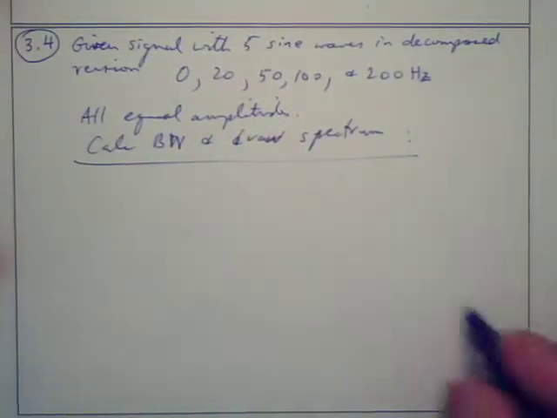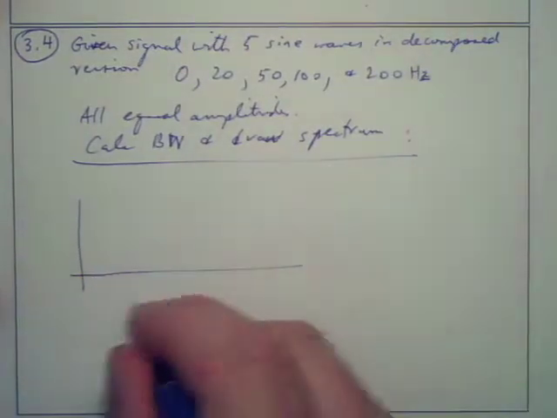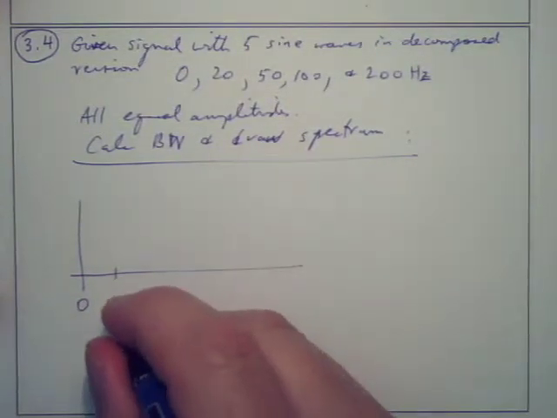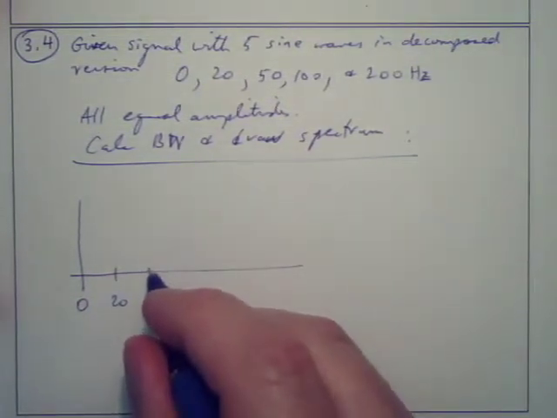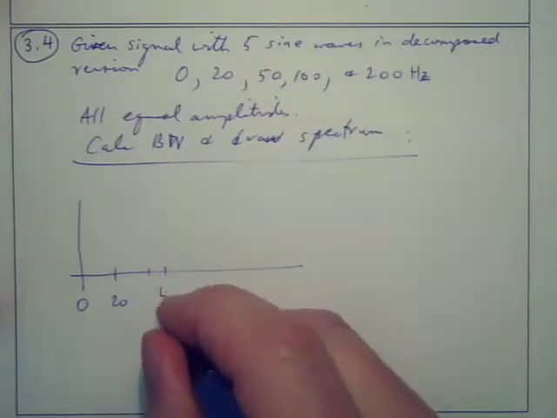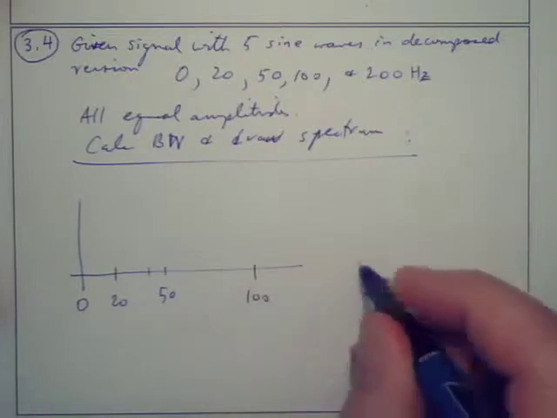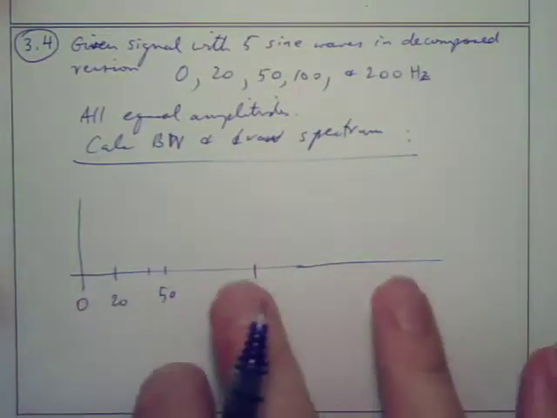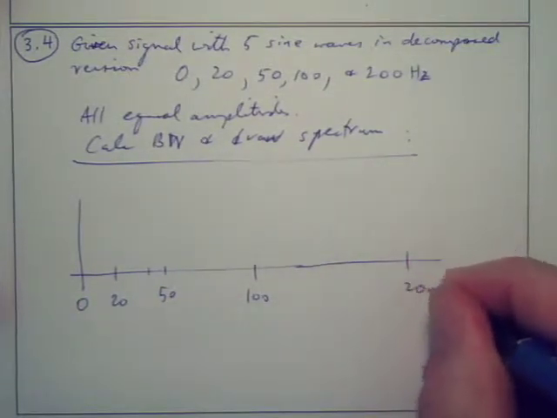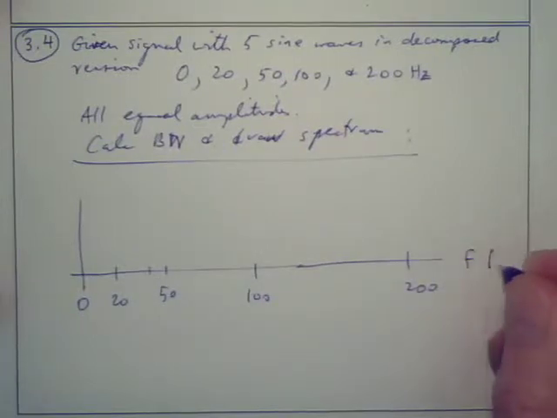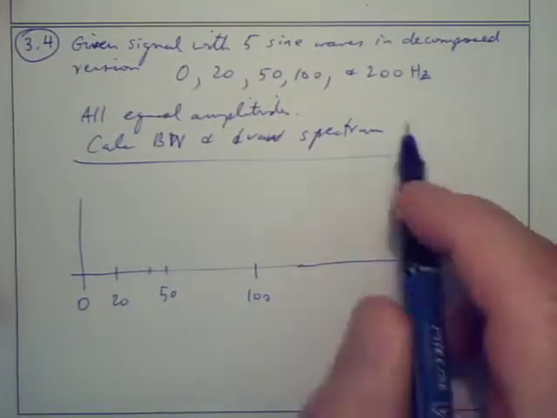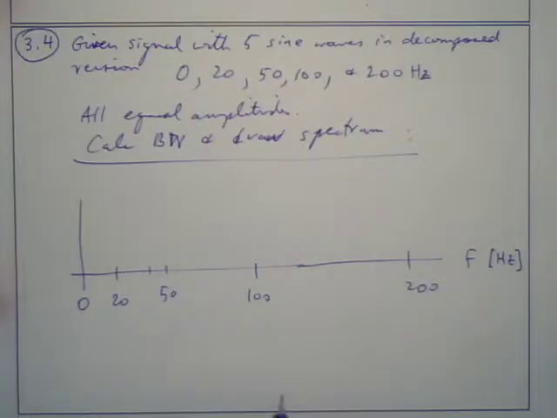Okay, I'm going to go ahead and just start with the drawing. 0, 20, and a little bit more than twice that is 50, and then twice 50 is 100, and twice 100 is 200. And this is frequency in hertz, because these are all given in hertz.